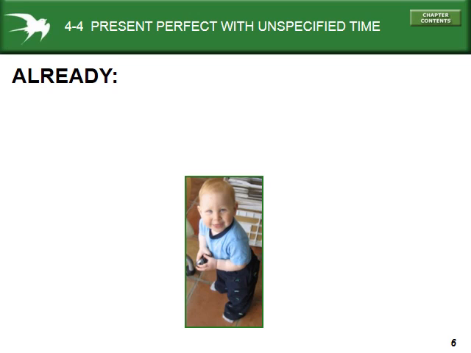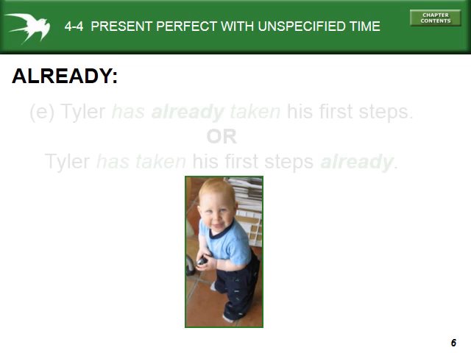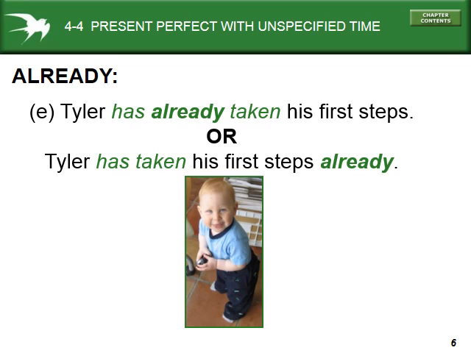All right, so the present perfect is often used with this word already, and people do have difficulty with the use of this word already. So already means that something has finished before this moment, meaning that it has happened already and it happened in the past already. So in this one, Tyler has already taken his steps, and Tyler has taken his steps already.